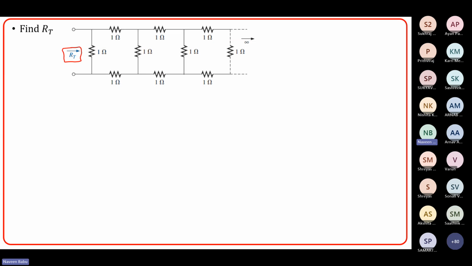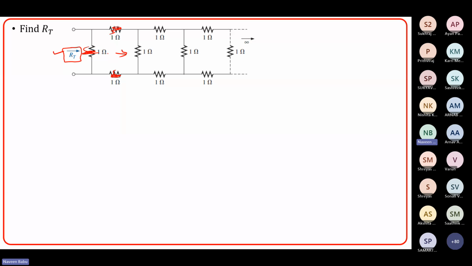One way is, if this is the equivalent resistor, and if you remove this particular part, this goes to infinity also, right? Now you look at this position, still it is an equivalent resistor RT only.